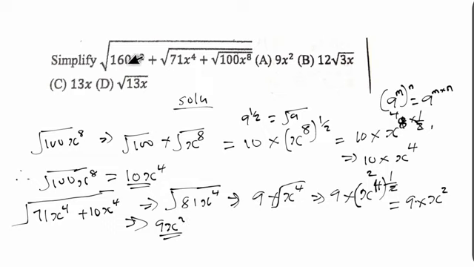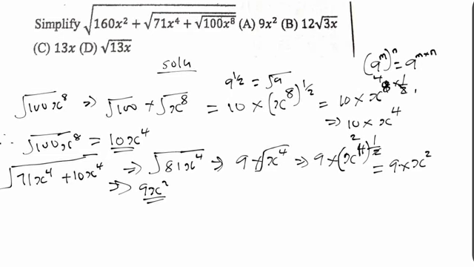Now let's put it into the last square root. The last square root we have is the square root of 160s to the power of 2, and the answer we got from this square root here is 9s to the power of 2.